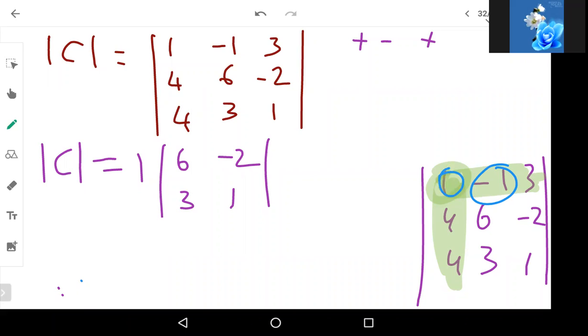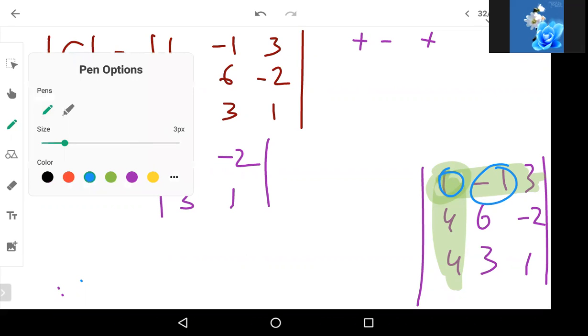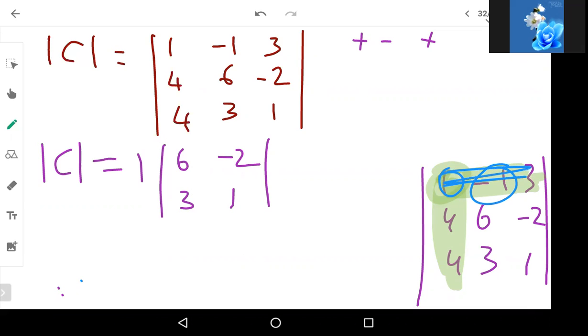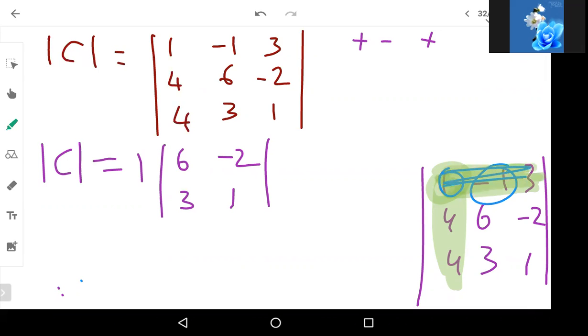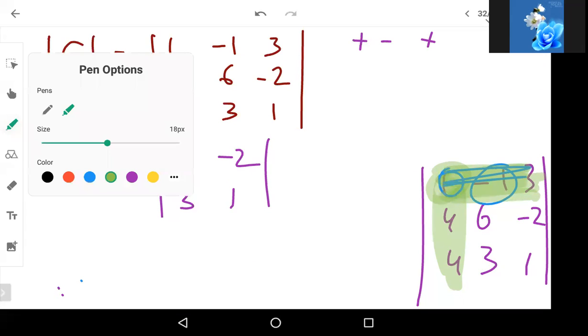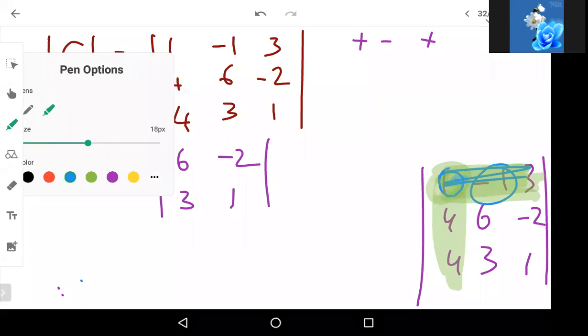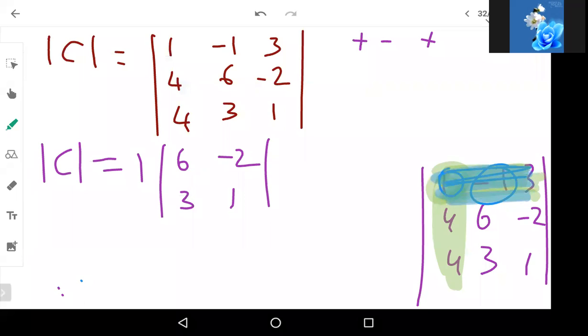Now the next one I am considering is minus 1. So for minus 1, I will again take out this first row. Let me change the color. First row you will not consider.